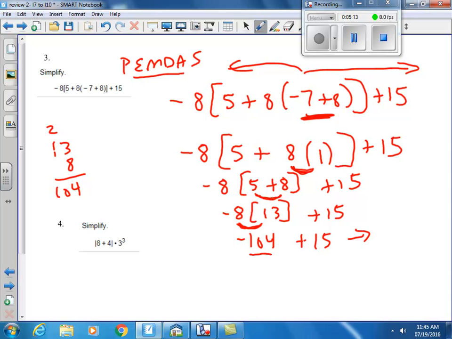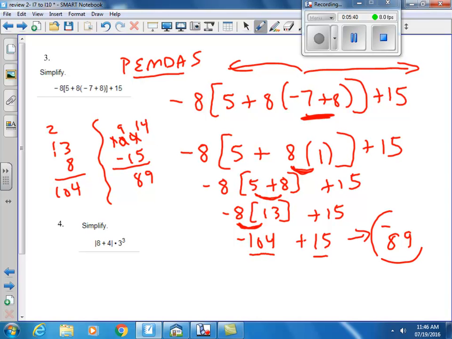If you're in the hole 104 and somebody gives you 15, you're going to be a little better off, but you're going to have to find the difference between 104 and 15, which is 89, but we know it's going to be negative because the bigger number is negative.